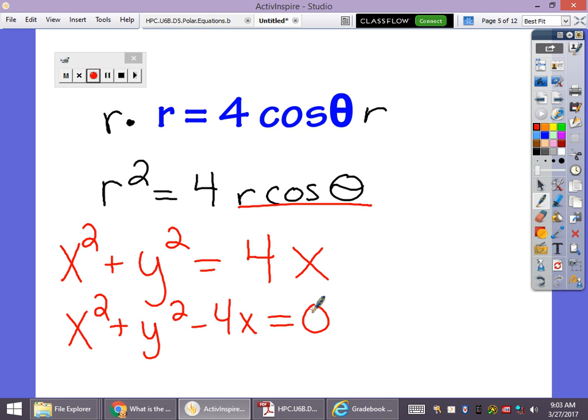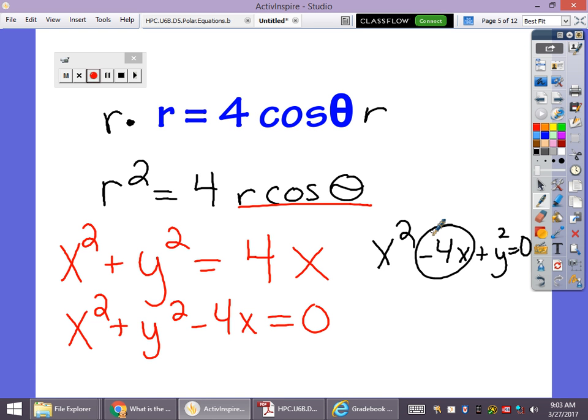No, we're not done. This one gets really ugly. So we have x squared minus 4x plus y squared equals 0. The problem is I want an x squared and a y squared, so I have this extra minus 4x.